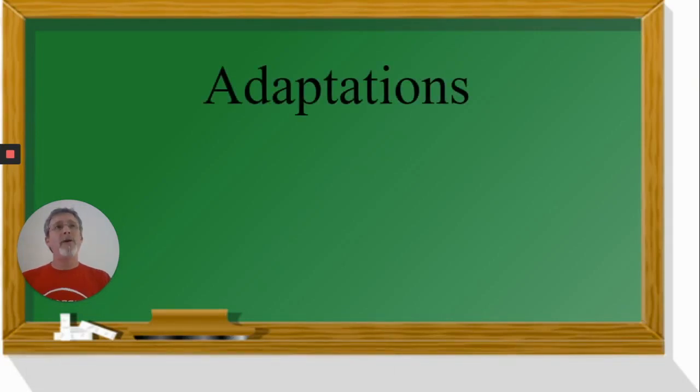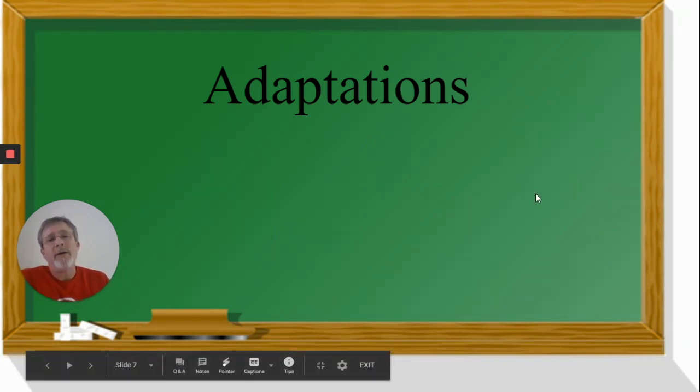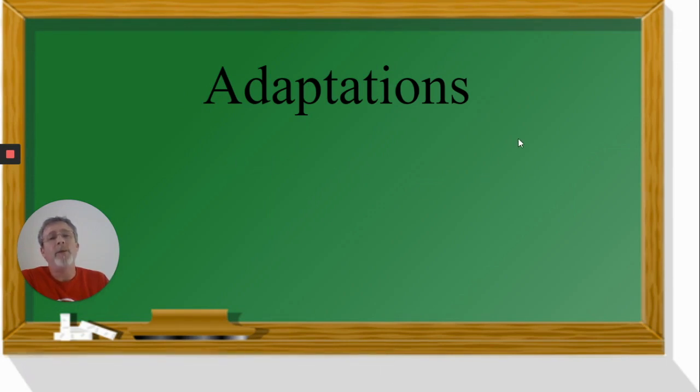First, we'll start off with an idea of adaptations. And along with being a science teacher, I am a reading teacher, a math teacher, a STEM teacher, and probably 5 other things that I can't think of right now. One of the main skills that we use in science is reading. So here's a simple thing for you to do. I want you to find the word within the word.